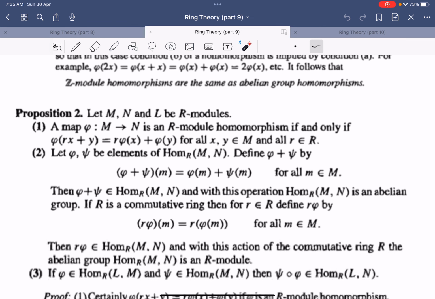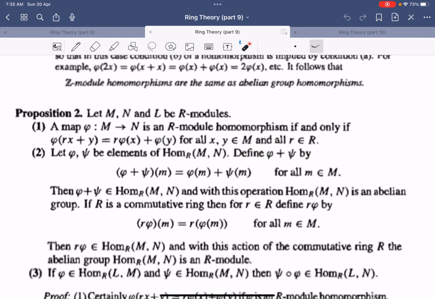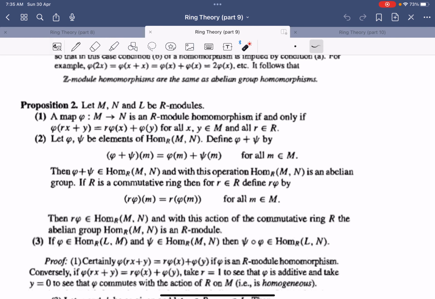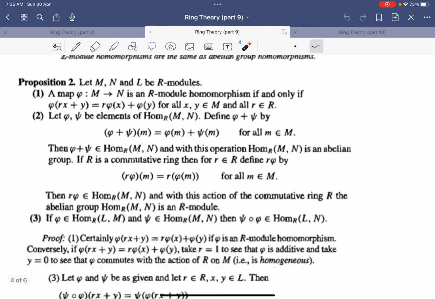And with that, we can now define a new function from two homomorphisms, and this will also be a homomorphism between M and N. And so the multiplication will also be, if you multiply these two functions together with the following, in a sense that you take out the scalar R times phi of M. And this R phi will still be an R module homomorphism.